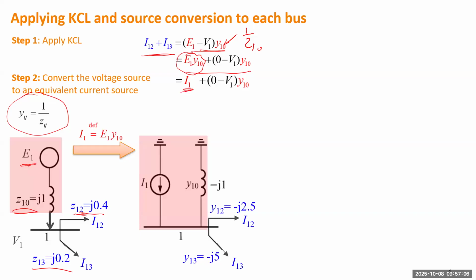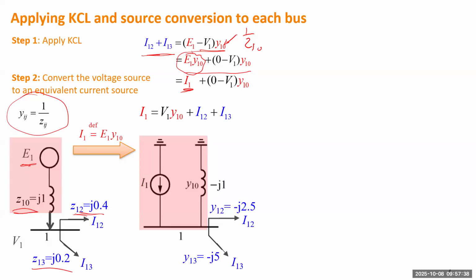Then we can use the second circuit to replace the first circuit. We'll redraw every bus by this design. You see we changed the voltage source to a current source. In the original circuit, we have a voltage source connected in series with an impedance or reactance. But in the new circuit, we have a current source directly connected to the bus, and also a parallel admittance, which is exactly the admittance of the original branch.